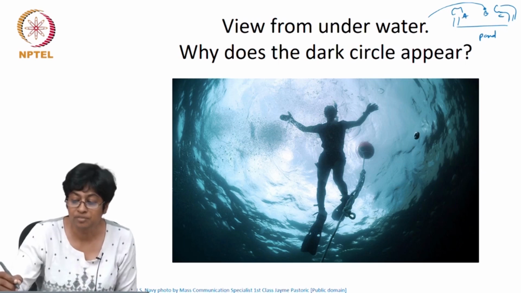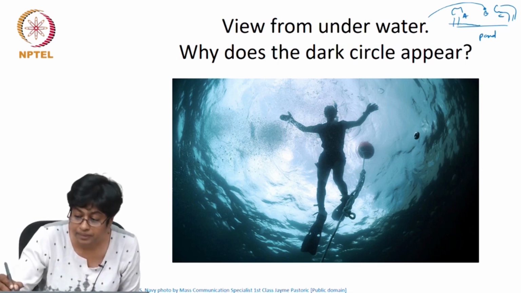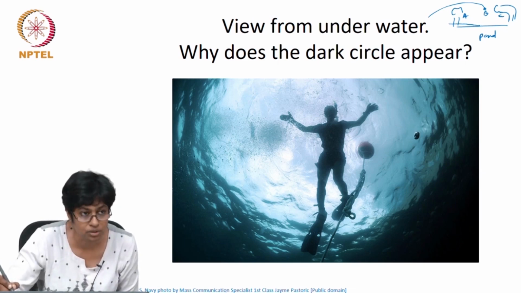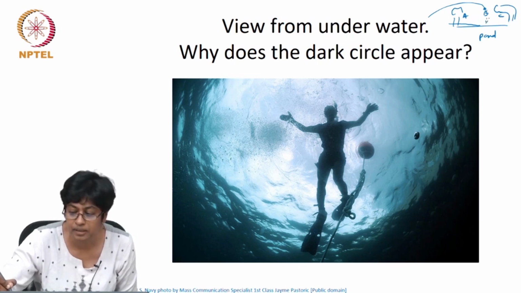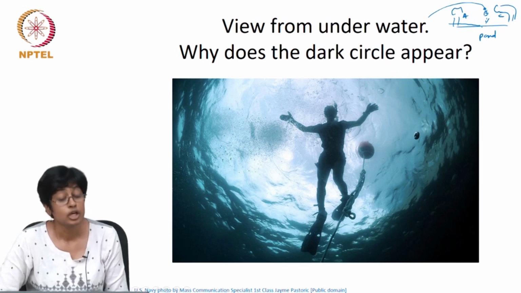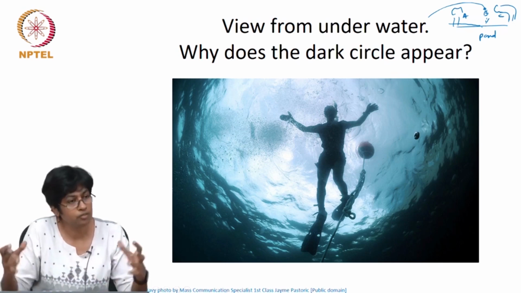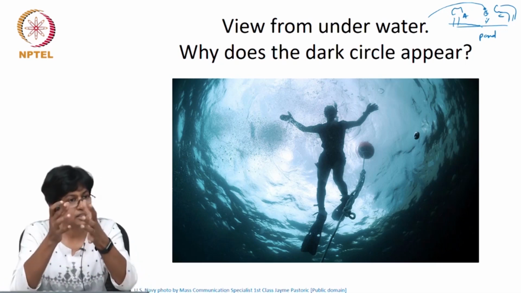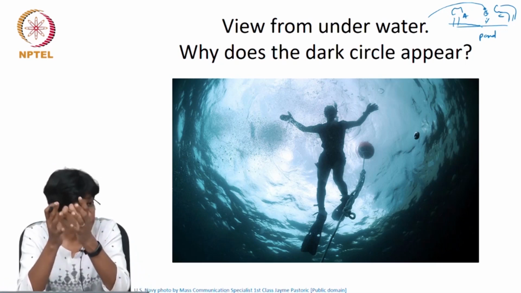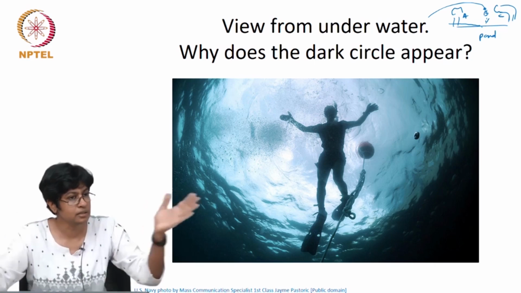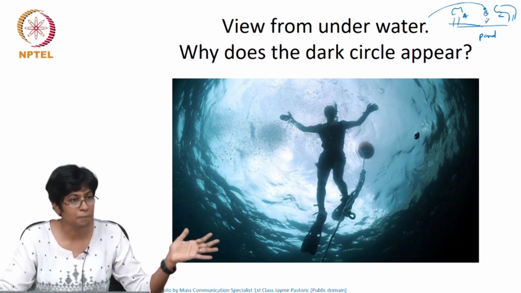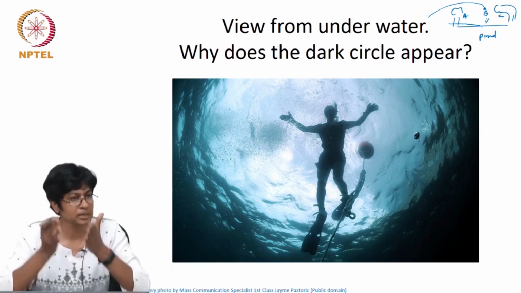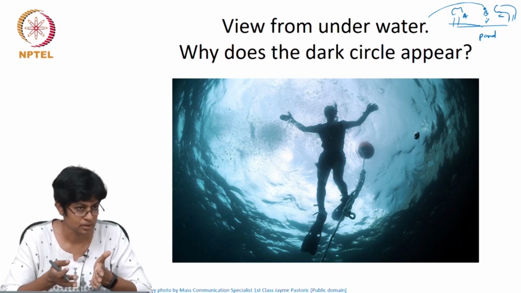So the amount of light coming in from this direction is much less than the amount of light coming in like this. Okay. So if you had a lot of objects outside around this water body, the objects that were in the center would probably be much clearer than the ones at the side, because the amount of light you were getting would be much larger from those objects.